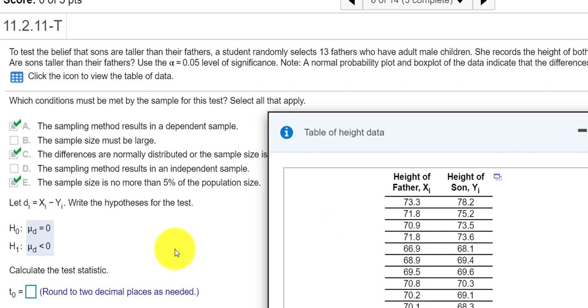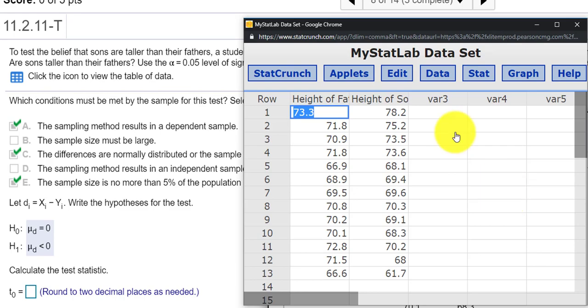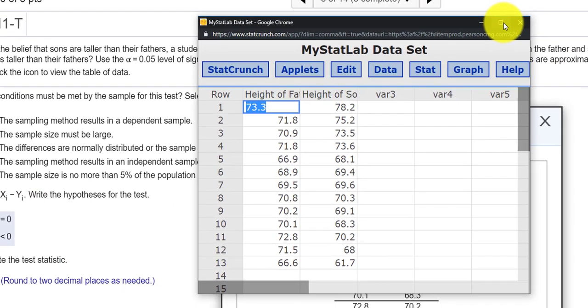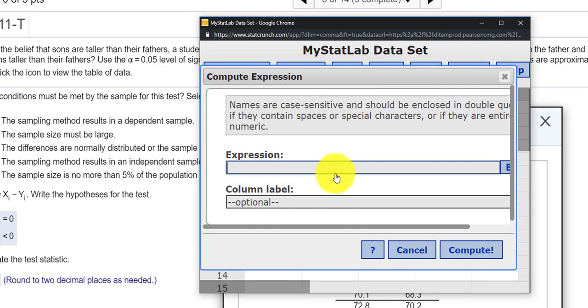Good. Now it says calculate the test statistic. So let's open this in StatCrunch. I click open in StatCrunch, and there are a couple of things I want to do. First, I want to compute xi minus yi. If you remember from the past, we click data, compute, expression, and build.